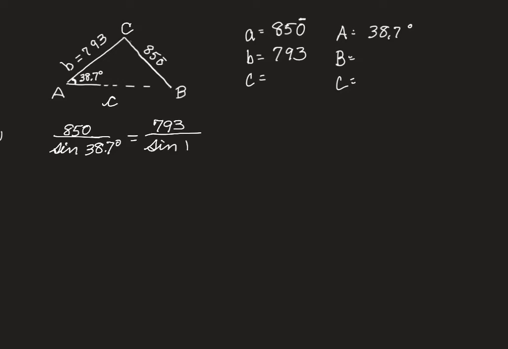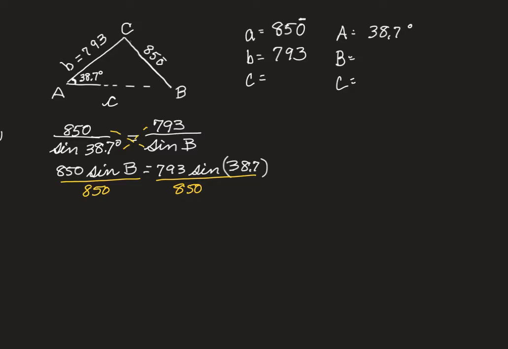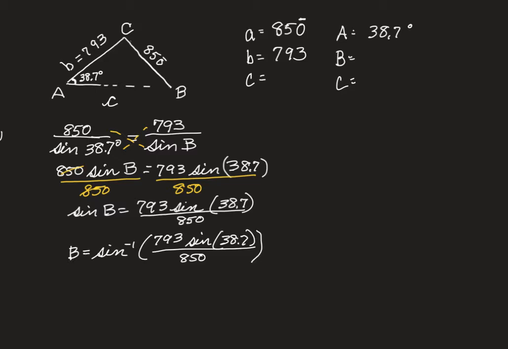We have to find the other part, the angle. Cross multiply, divide both sides by 850 to begin to isolate our angle B, and find the inverse sine of both sides. Turning to our calculators, we find B equals 35.7 degrees.